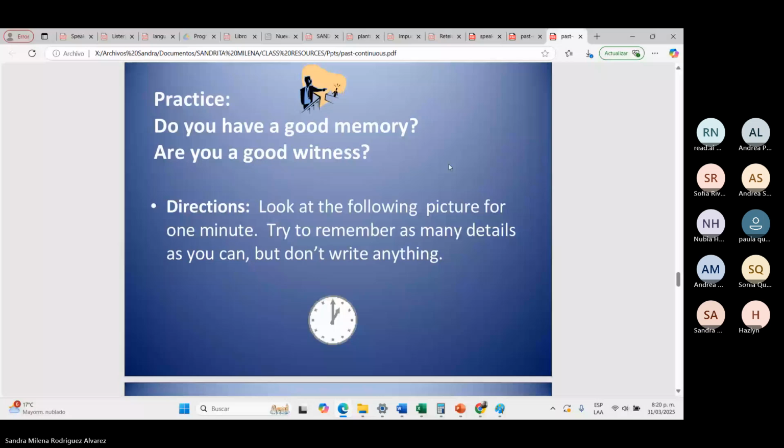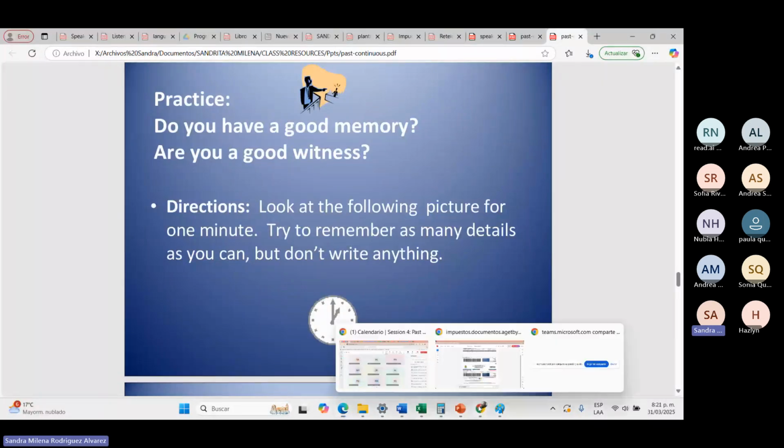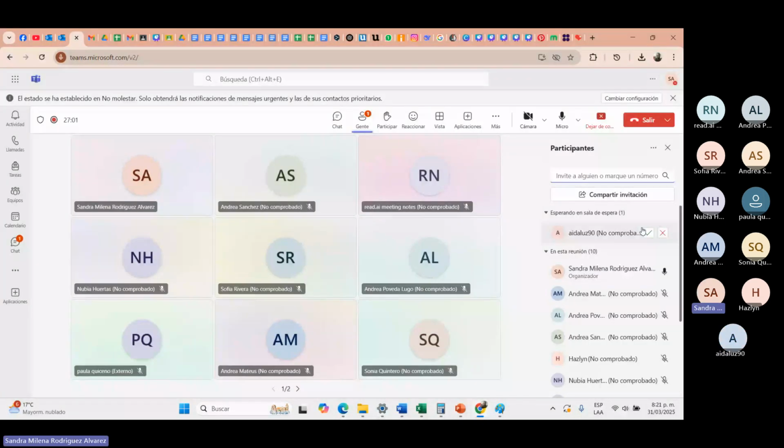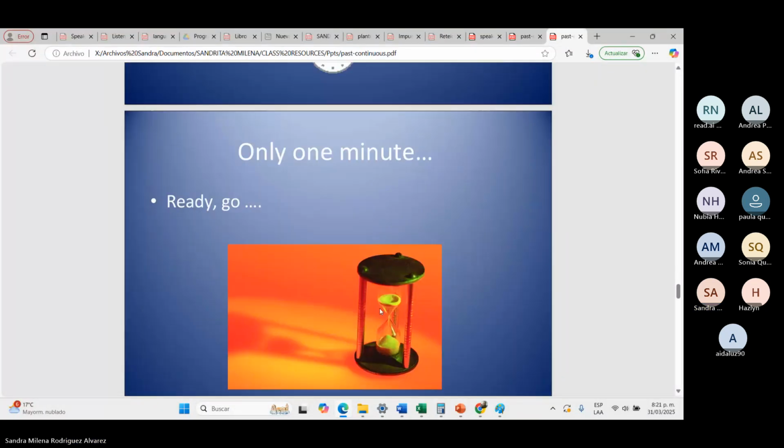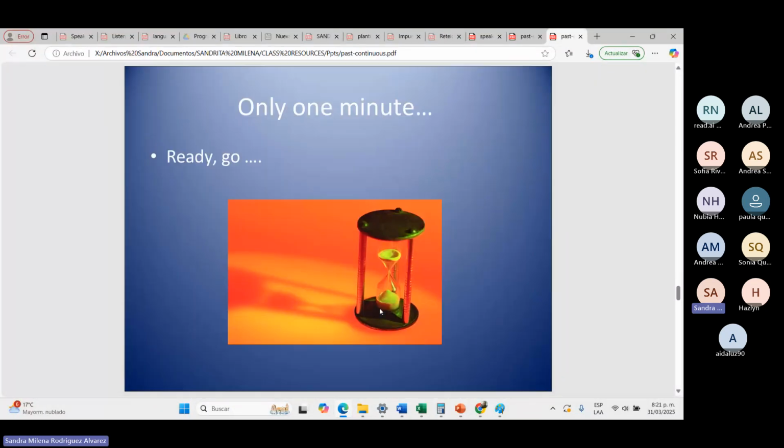All right. Now, what are we going to do? We are going to look at a picture. And you have to remember as many details as you can. Don't write anything.